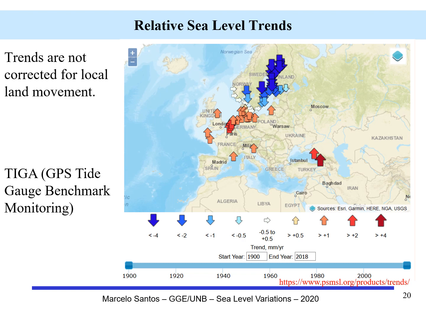TIGA stands for GPS Tide Gauge Benchmark Monitoring and yields crustal motion in a global reference frame. The problem is that the idea of placing continuously operating GNSS receivers in tidal stations started to be put in place just about 15 years ago. Therefore, the time series of GNSS values is very short.